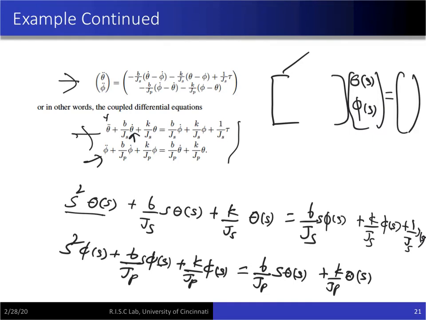So if you see, we have tau here and we don't have tau here. So yeah, that's correct. So this will be 1 over J something, and this will be 0, into tau or tau(s).